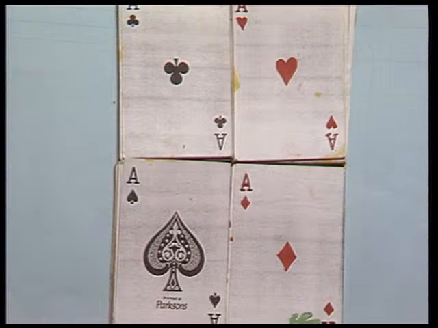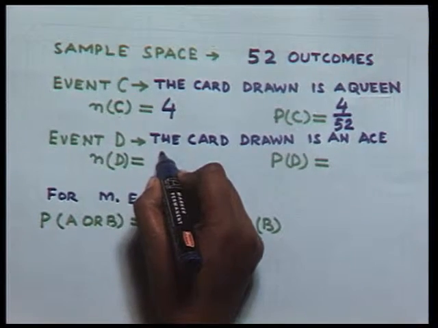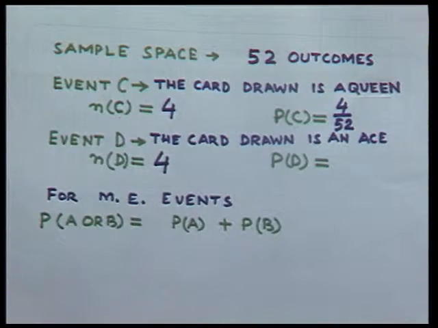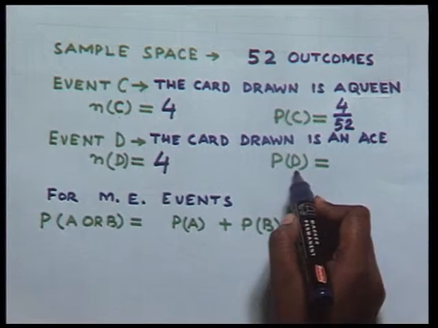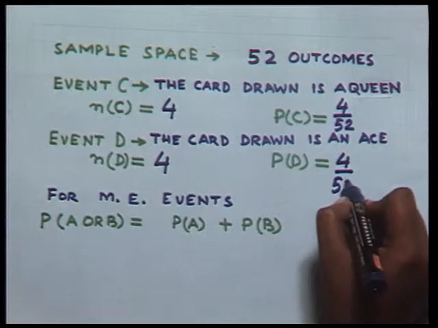Let us define the event the card drawn is an ace as D. So, number of elements in the set D will be again 4 and probability of the event D will be again 4 upon 52.